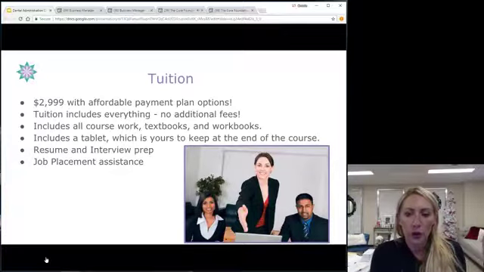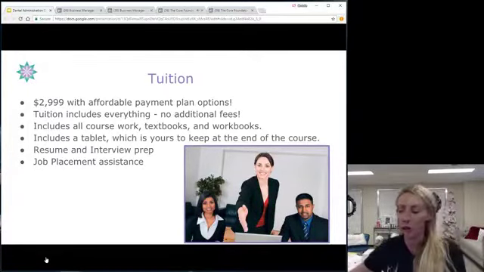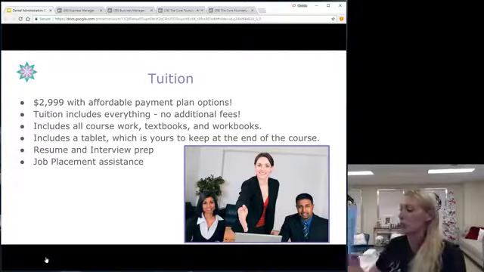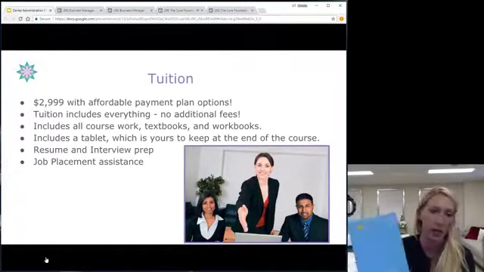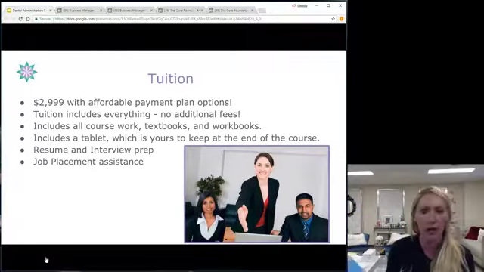The course includes the coursework, the textbooks and workbooks, if we have those for the course that you're taking. It also includes a tablet, so every course, each student gets a tablet. This last course we had Samsung Galaxy tablets.